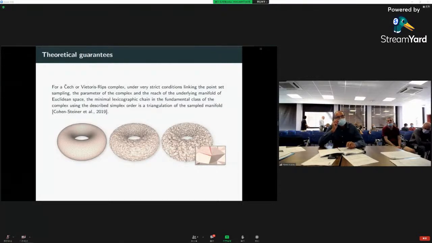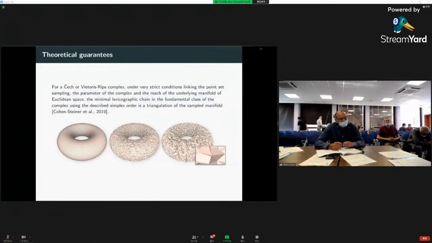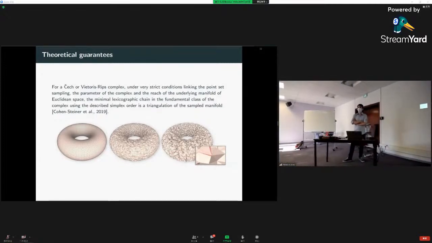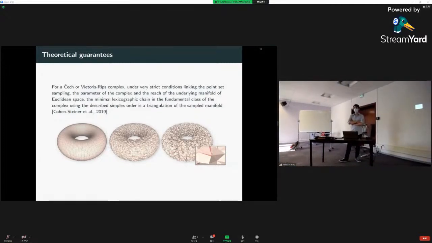But I was wondering whether you can find some less rigorous guarantees, but at least something. Since your algorithm works very well in practice, can you guarantee something in some cases? Can you guarantee that the distance between your result and the true object is not too big? I was expecting some kind of weak results, but the gap between the theoretical guarantees and the practical efficiency is pretty large.